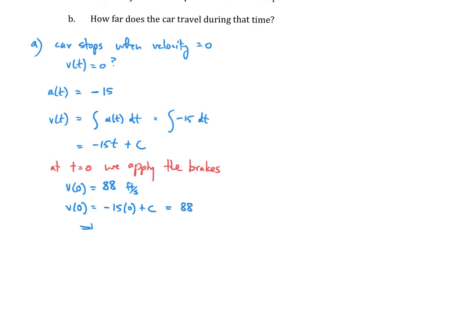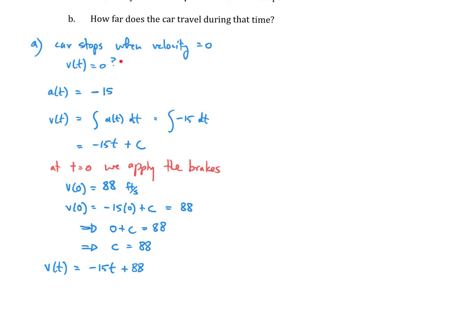So this tells me that 0 plus c is equal to 88, which tells me that my c is equal to 88. So now I know my velocity function is v of t is equal to negative 15t plus 88.